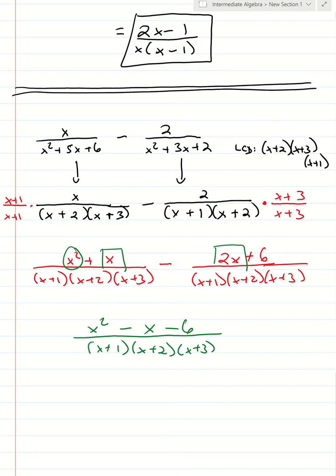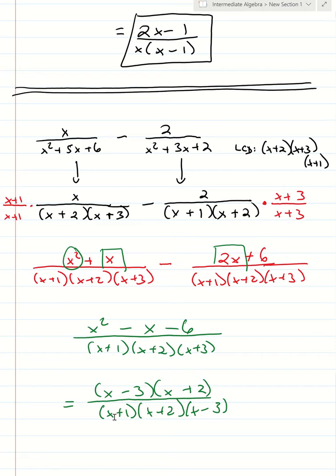As always, we look to see, can we factor? Can we simplify? So I look at my numerator, and it is factorable. So I'm going to factor it down to an x minus 3 and an x plus 2 over, of course, that common denominator of x plus 1, x plus 2, and x plus 3.